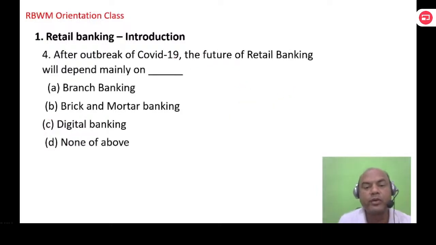After the outbreak of COVID-19, the future of retail banking will depend mainly on. So after this COVID-19, it depends mainly on what? Branch banking, brick and mortar, digital banking, and none of the above. What have you seen in COVID? After COVID, what has changed?